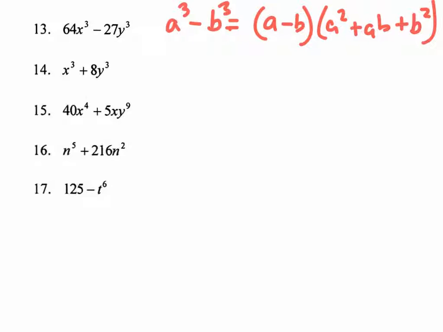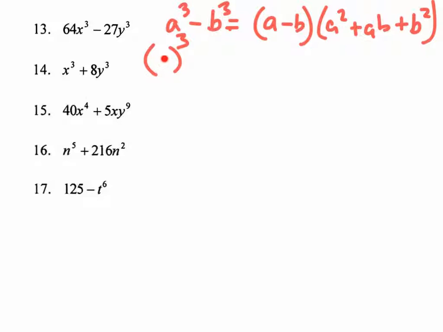Anyway, the thing is this. Does this look like this? No, it doesn't. If I asked you, what is the a value? You can't say 64. You can't say 64x. What you need to do is rewrite it as parentheses cubed and think what belongs right in here.